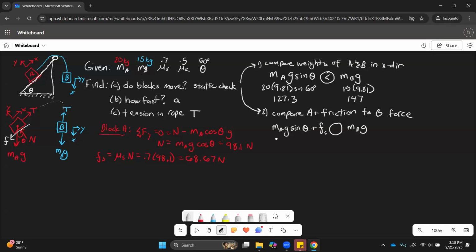We've got 127.3 plus 68.7, compared to the 147. This is going to be about 195, really 196, so that's greater. That means the friction is too much for B to be able to pull A. The blocks do not move.